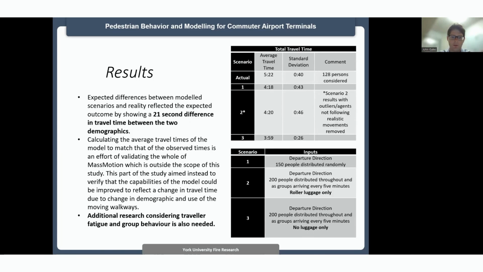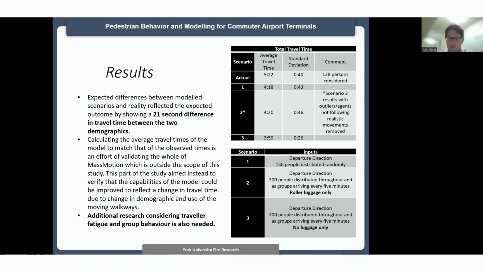We still need to do a little bit more looking into it, but there isn't much difference in this case. And that's why I have to stress at the beginning that this is one airport, one environment that's studied, so to really say that the results are going to be generally applicable, that there is no difference, which we've seen other studies where there is very specific differences, particularly with large groups.